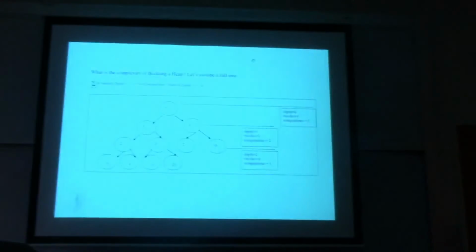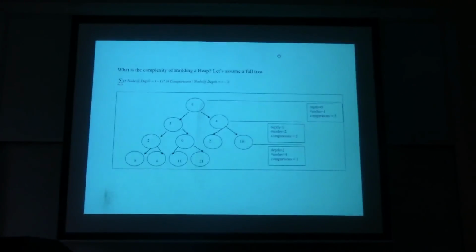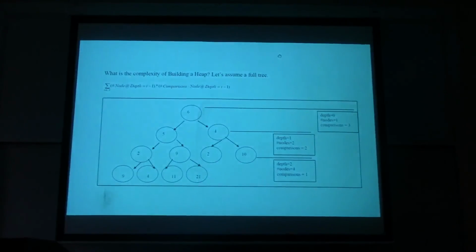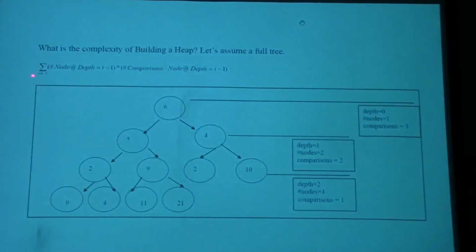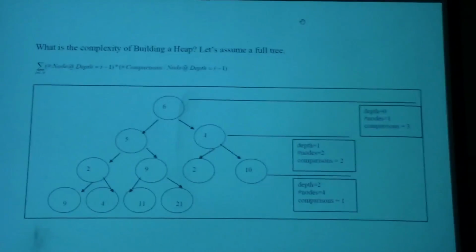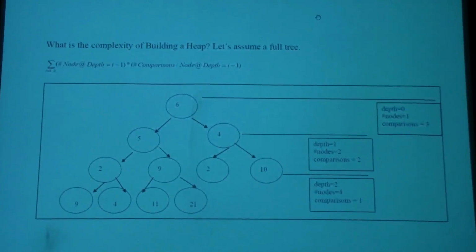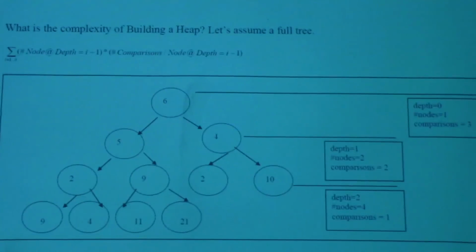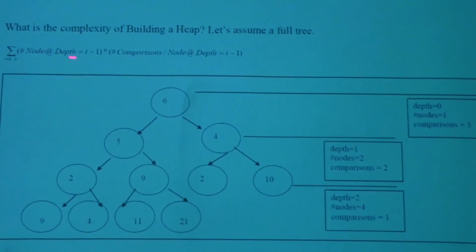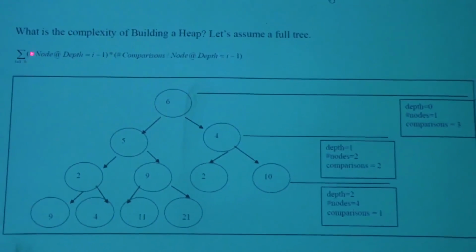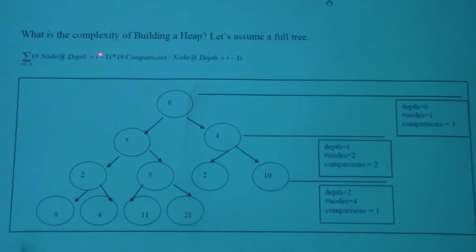So basically we're going to do a summation. I apologize for the small font here, but we're going to do a summation from 1 to h, which is the height of the tree, or at least the height of the parent of the tree. And we're going to sum a product. The product is the number of nodes at depth i minus 1.